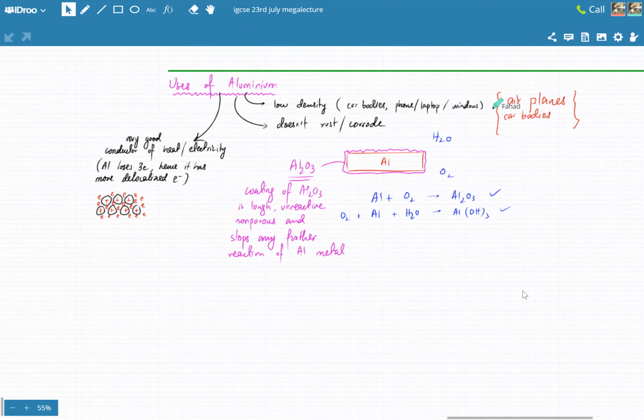Even I think they're not painted. ठीक है, ये Teslas वगैरह, you don't even need paint because aluminium is kind of shiny and looks good on its own as well. अच्छा खैर, ये airplanes, car bodies, lightweight bicycles, लेकिन मेन एयरप्लेन्स पे फोकस करो, ठीक है.